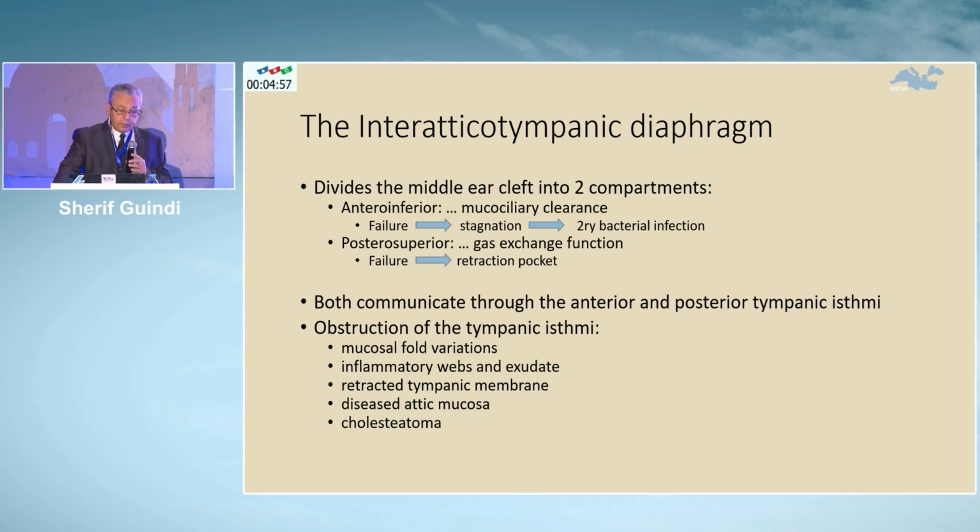Both these compartments communicate through the anterior and posterior tympanic isthmi, and of course we can have any obstruction of the tympanic isthmus, like mucosal fold variations, inflammatory webs, retracted tympanic membrane, diseased attic mucosa, or a cholesteatoma.